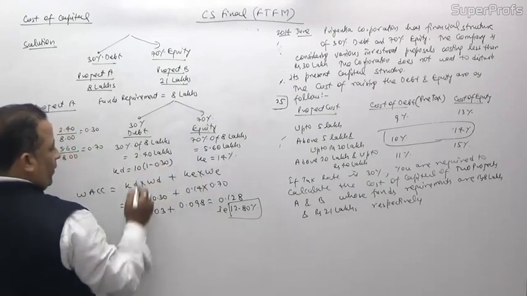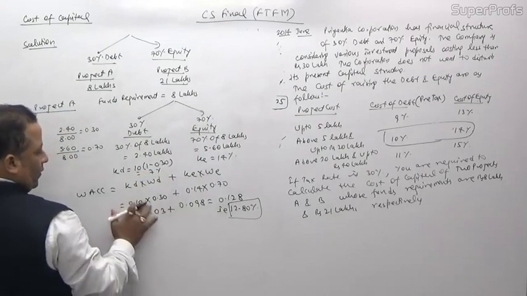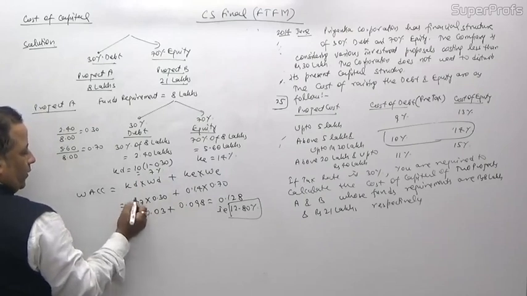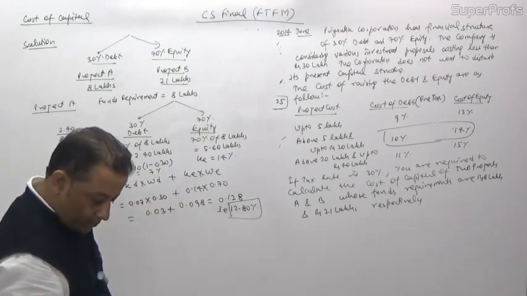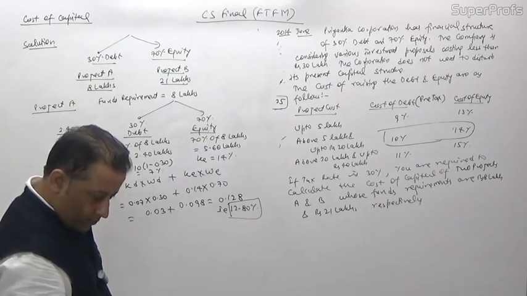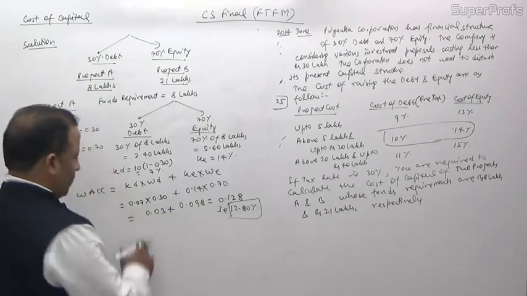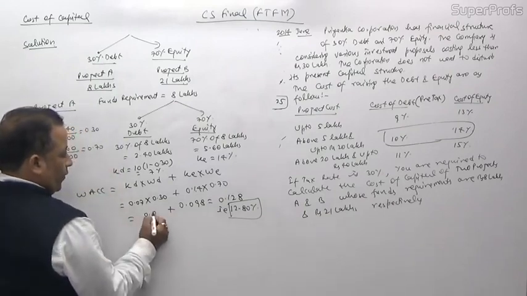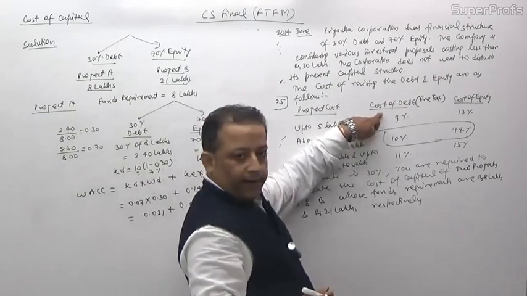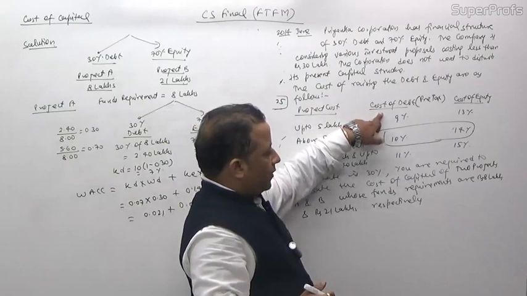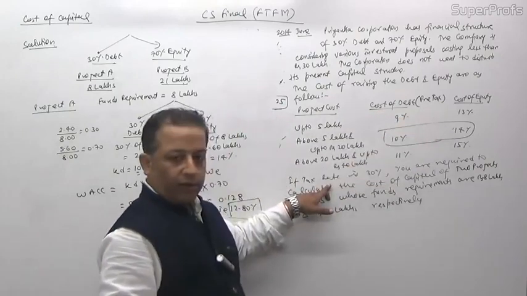The tax rate is 30%, so 7% can be taken as the cost of debt. 0.07 multiplied by 0.021, because if nothing is given against the cost of debt, it can be taken as the pre-tax cost of debt, because the tax rate is given.